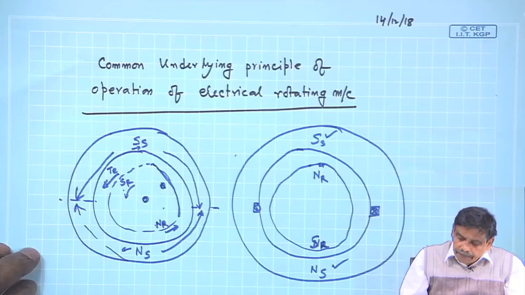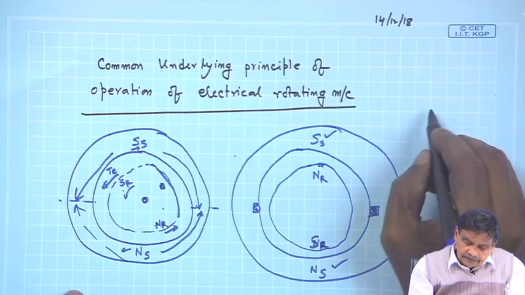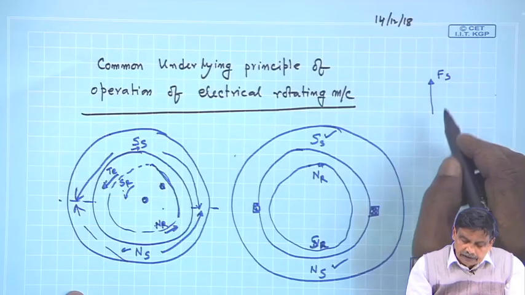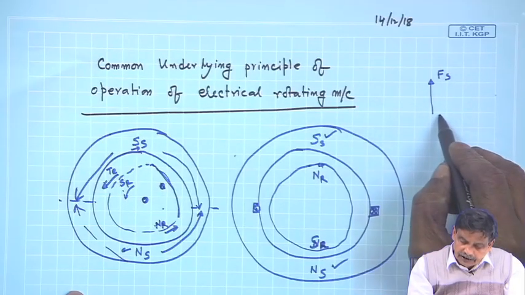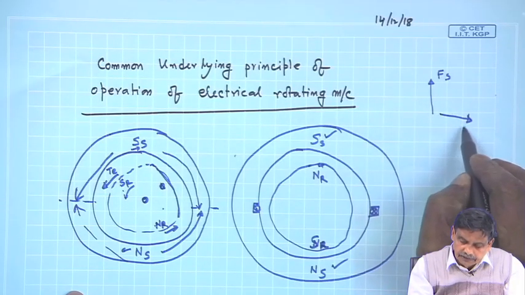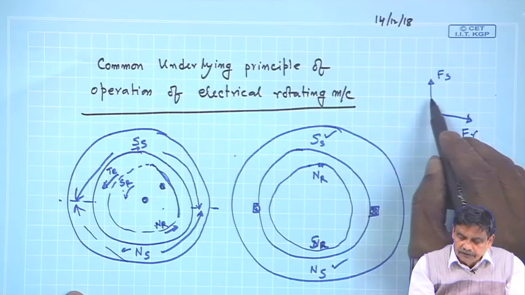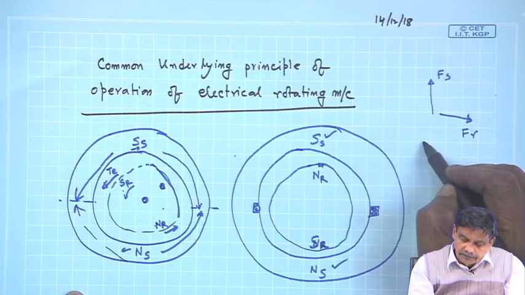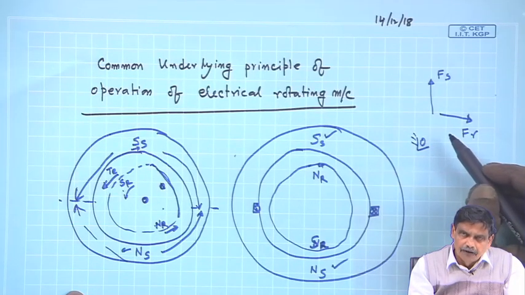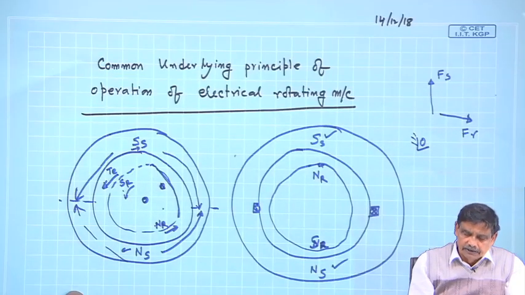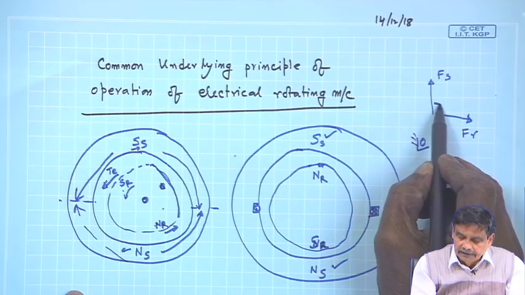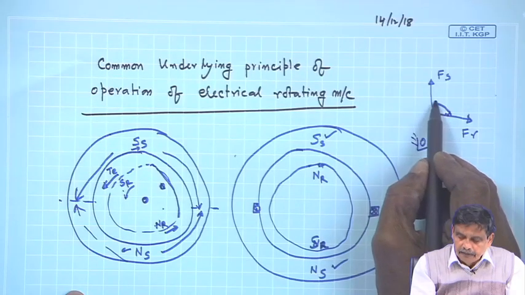That is, if the stator field is this one and the rotor field is this one, which I have just drawn with this symbolic line, then a stationary observer, or for that matter any observer, should conclude that this angle remains the same with time.